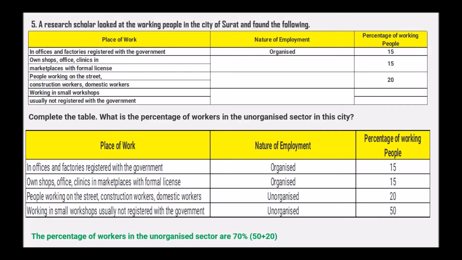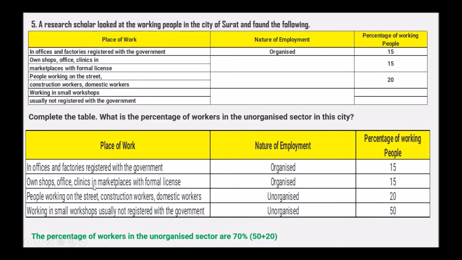Next, a research scholar looked at the working people in the city of Surat and found the following. These are the place of work, the nature of employment and the percentage of working people. In offices and factories registered with the government, it is the organized sector, 15% people work there.